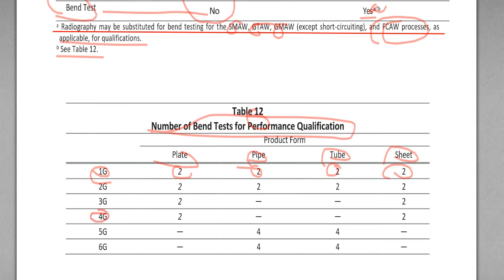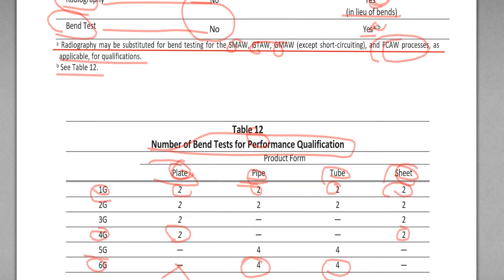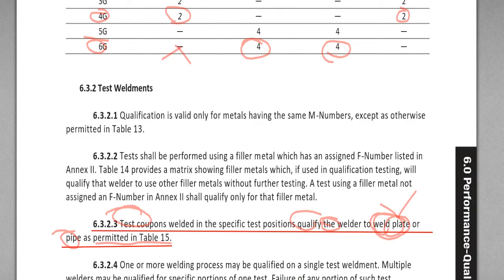For 4G, if you used plate 4G, 2 bend tests are required, and for sheet 4G, 2 bend tests are required. 6G, if you use plate, none, and pipe, 4 bend tests are required, and for tube 6G, 4 bend tests are required. Okay, let's go to 6.3.2 test weldment.